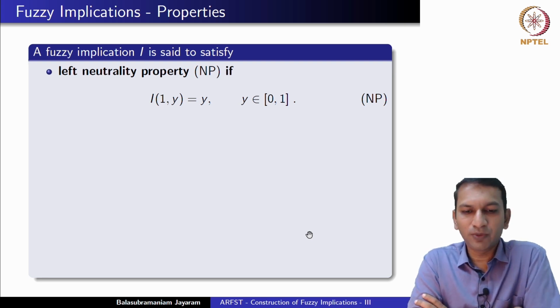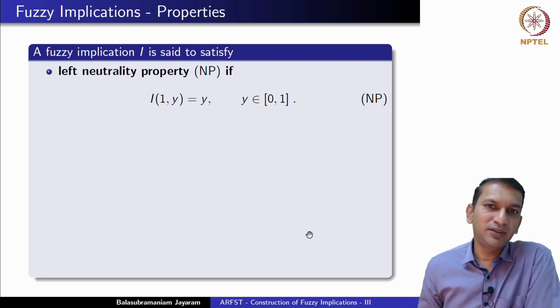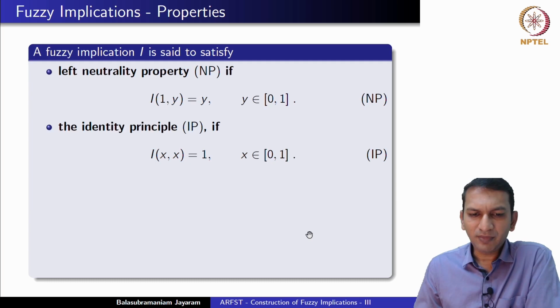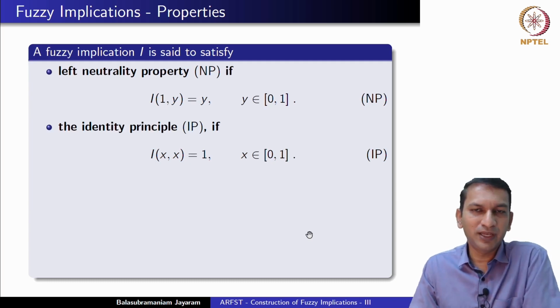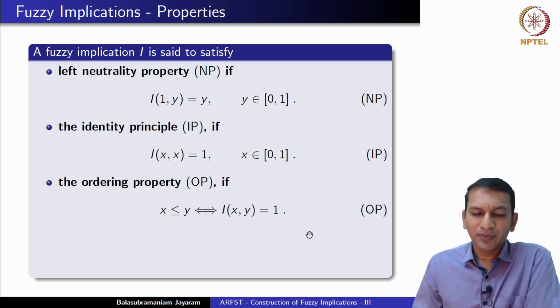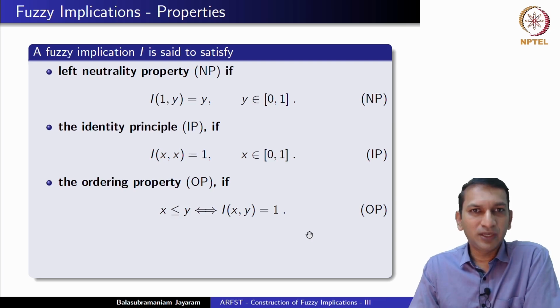That means I(1, y) should be equal to y. Geometrically, it is restricting the right boundary to that of the identity function. The identity principle talks about what happens to the graph of the fuzzy implication when you walk along the diagonal. The ordering property talks about when it can be 1.